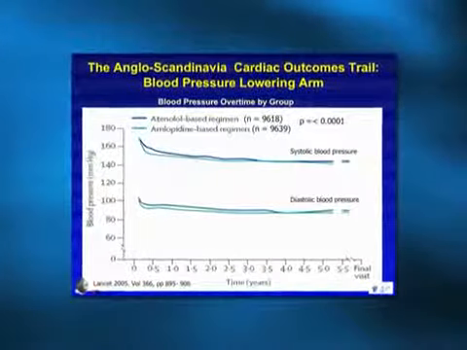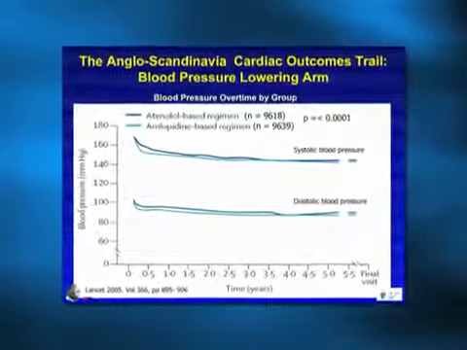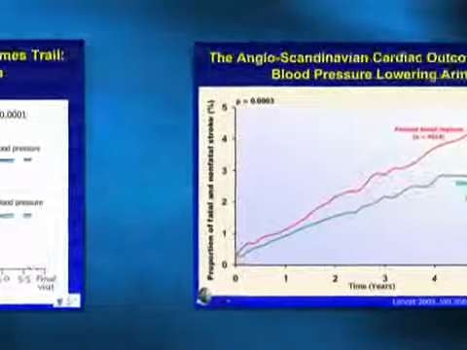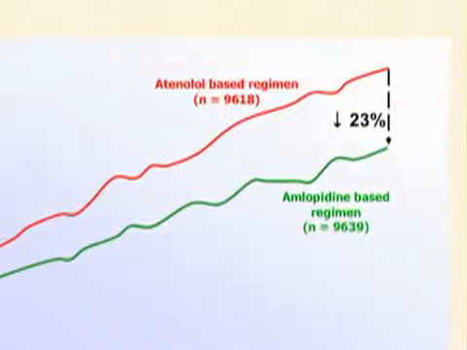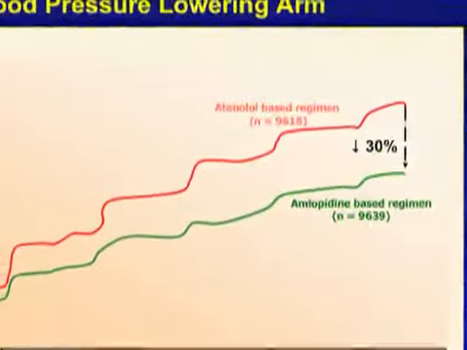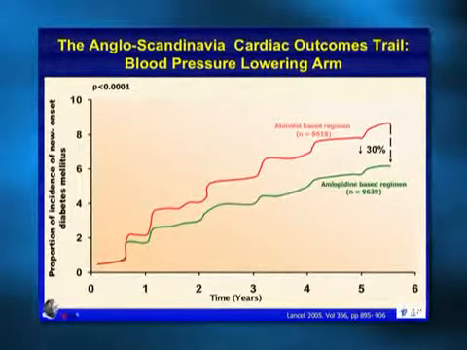They are almost identical, matched for age, sex and everything else. But at the end of 5 years, the group that was treated with a certain drug, beta blockers, had 23% more stroke and 30% more diabetes compared to the second group.